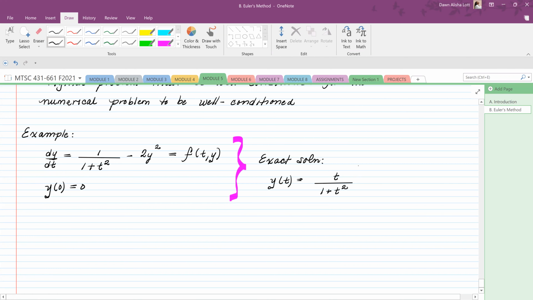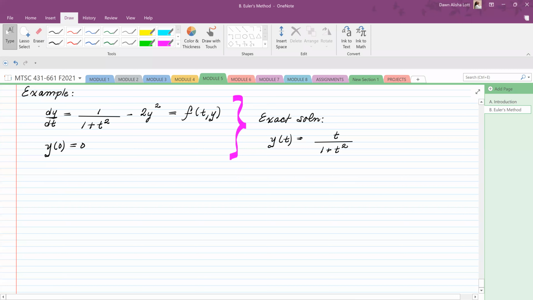So that's a really pretty solution. Okay, 1. Is the analytic solution unique? How can I determine if the analytic solution is unique? What do I need to do?